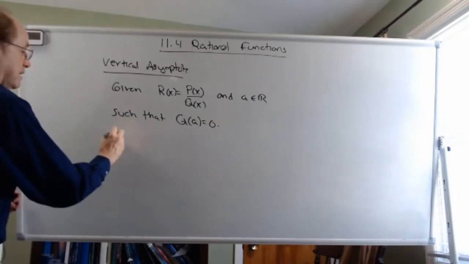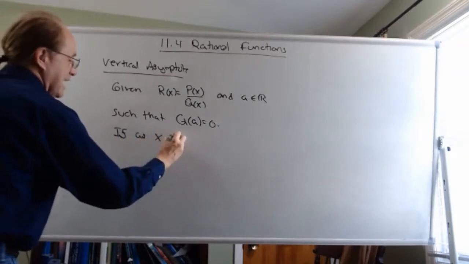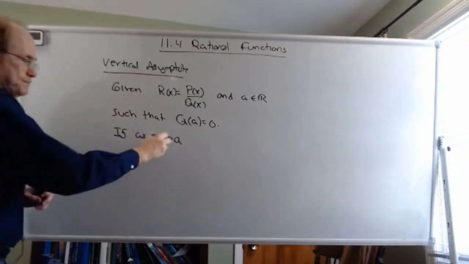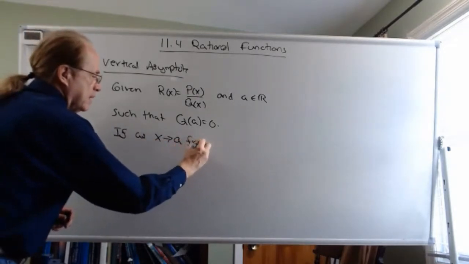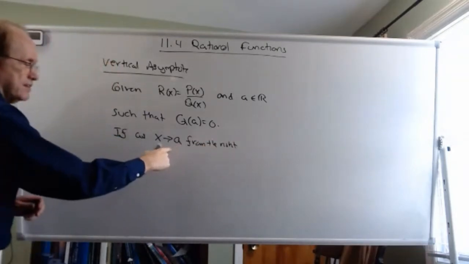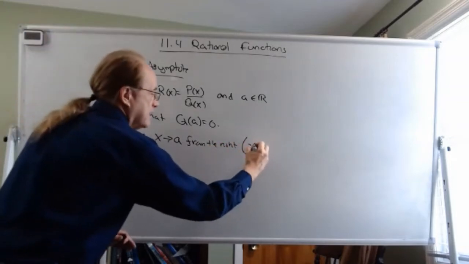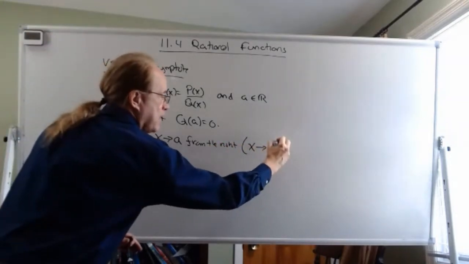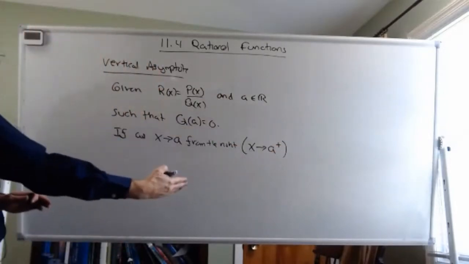Then, if as x approaches a from the right, I'm going to write this in this way: instead of saying a from the right, I could write x approaches a with a little plus sign. That means to the right side, from the positive side.